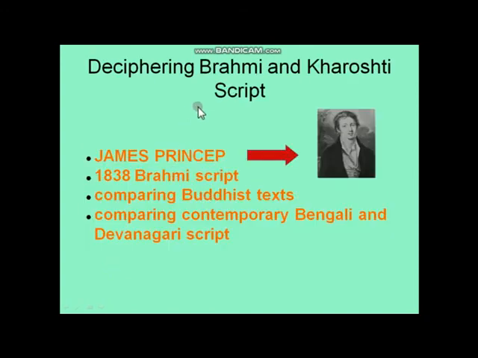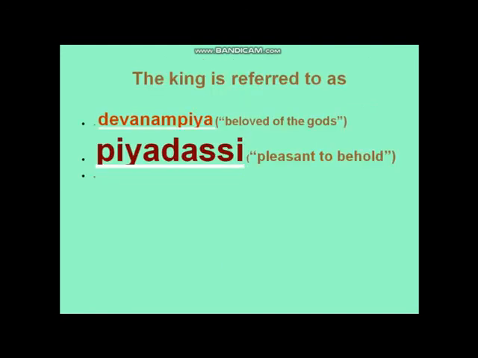Who deciphered these two scripts, Brahmi script and Kharoshti script? The credit goes to James Prinsep. He was an official of the English East India Company. He deciphered Brahmi script by comparing Buddhist texts and the Bengali and Devanagari scripts used during that time.